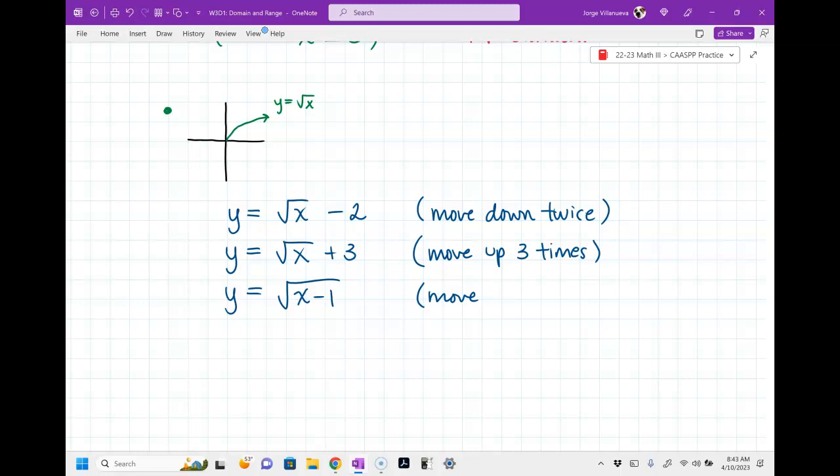So a minus means move right once. So this would be which direction? Left twice, right?